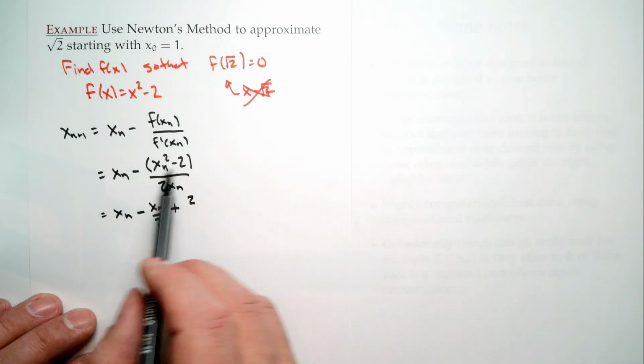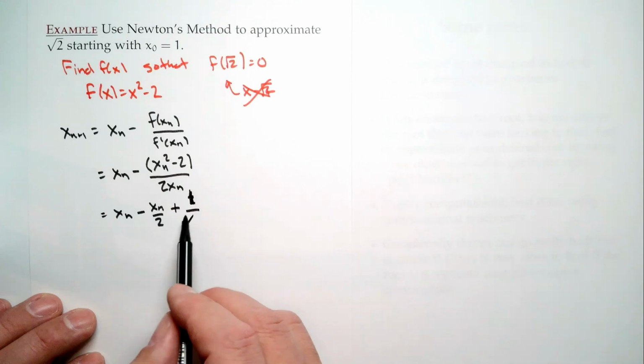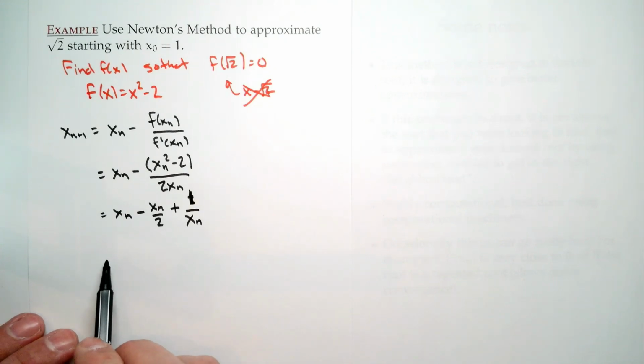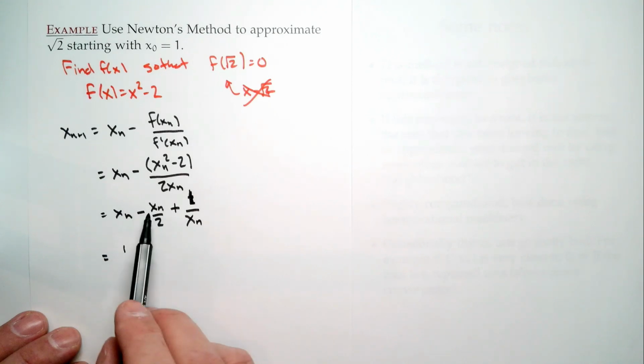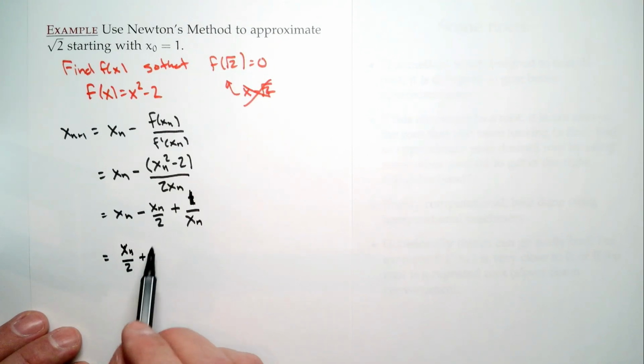Sorry, not a plus 4, a plus 2 over 2xn, so that becomes a plus 1. Whoops, plus 1 over xn. And if we put the first terms together here, we see this becomes xn minus xn over 2, which is xn over 2, plus 1 divided by xn.